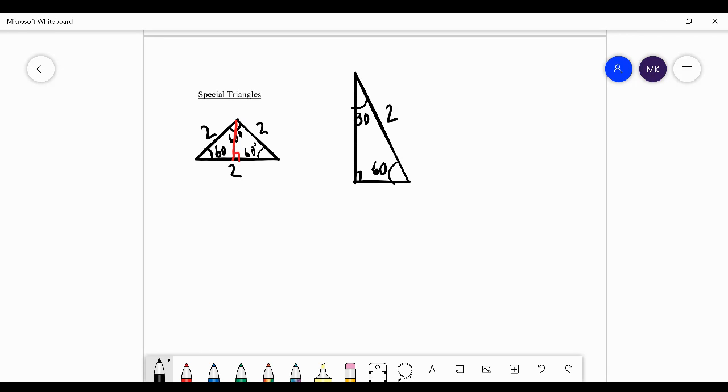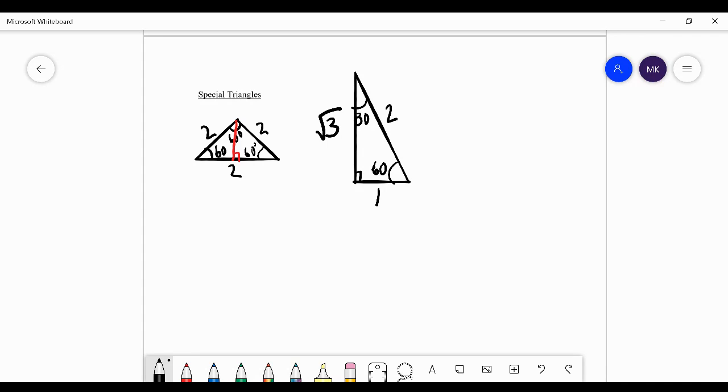So this red line here in the equilateral triangle completely bisects this base, which means that this length here is 1. Using Pythagorean theorem, we get that this is simply root 3. If you're not sure, you can do the math using Pythagorean theorem and figure that out. So this is one of our special triangles.